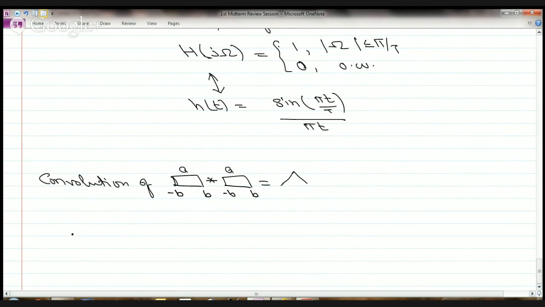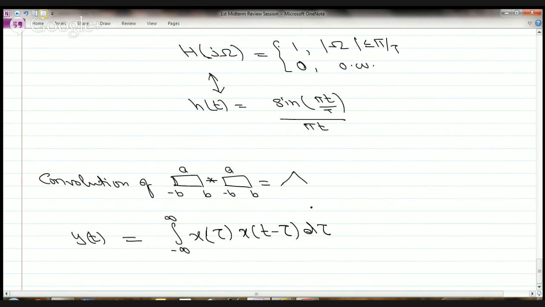The way to do that, if you don't remember, is using the convolution formula directly. So you have the integral from minus infinity to infinity of x of tau times x of t minus tau d tau.